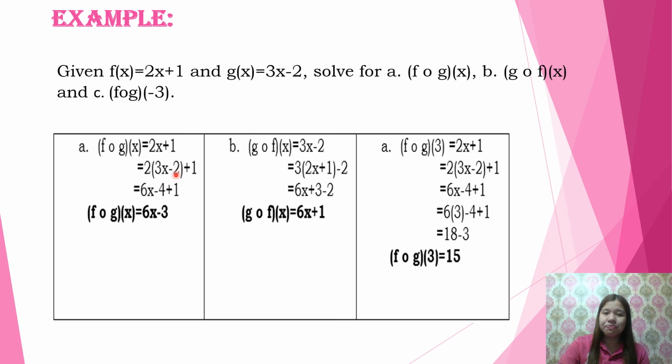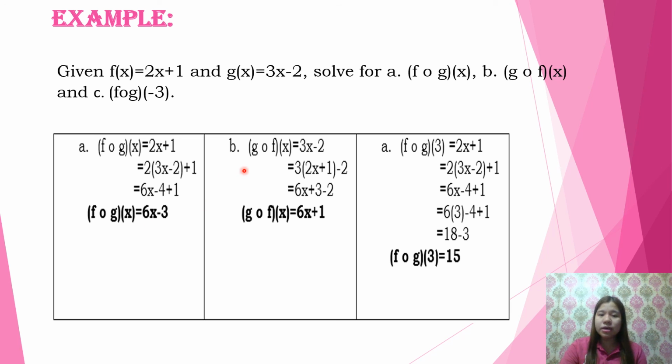So, 2 times 3x is 6x, and then 2 times negative 2 is negative 4, and then plus 1. We have here 6x, wala naman siyang katulad. And then, we combine like terms which are negative 4 and 1. Negative 4 plus 1 is negative 3. Magkaiba kasi ng sign, kaya sinubtract. The answer is 6x minus 3.